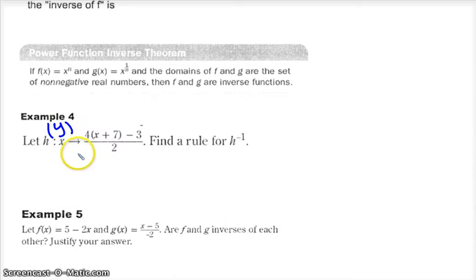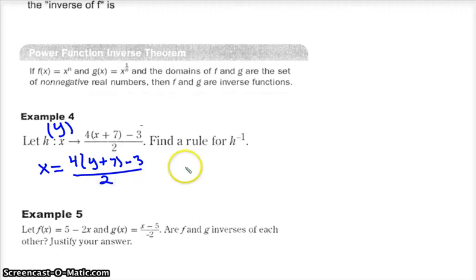So for the purposes of this problem, I replace my mapping notation with a y. Now I'm going to switch my x and y and solve for y. So I get x equals 4y plus 7 minus 3 over 2. Now I'll solve for y and my rule will be complete.